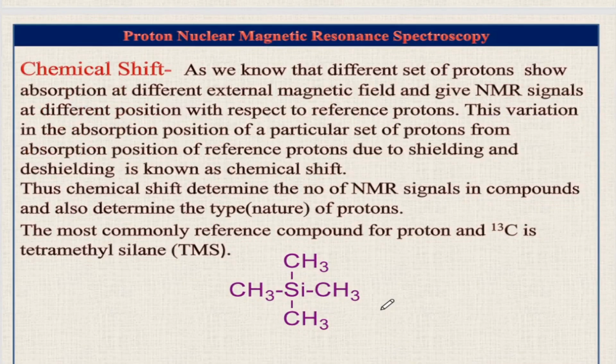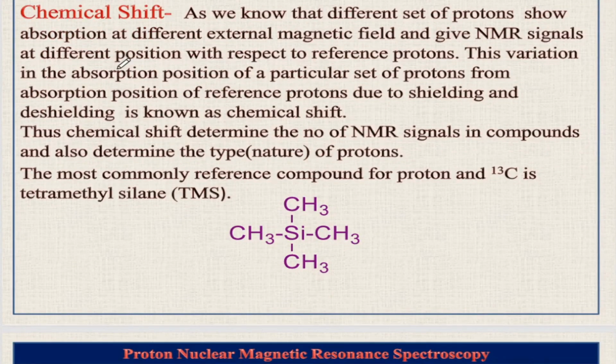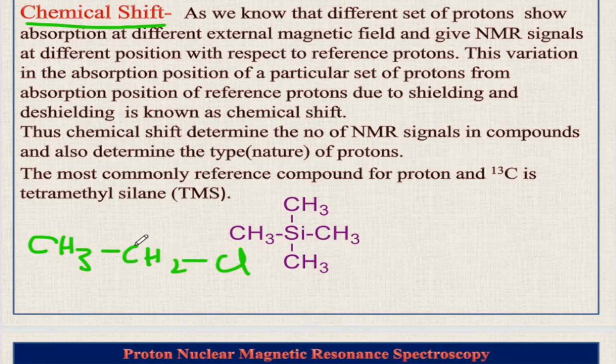Now we will understand what chemical shift is. As we know, if a compound has two sets of protons, they give absorption, they give signals at different magnetic fields.